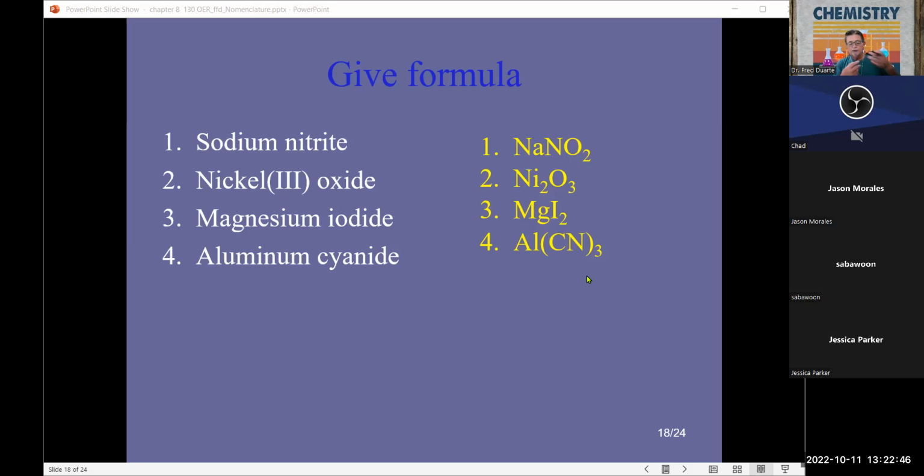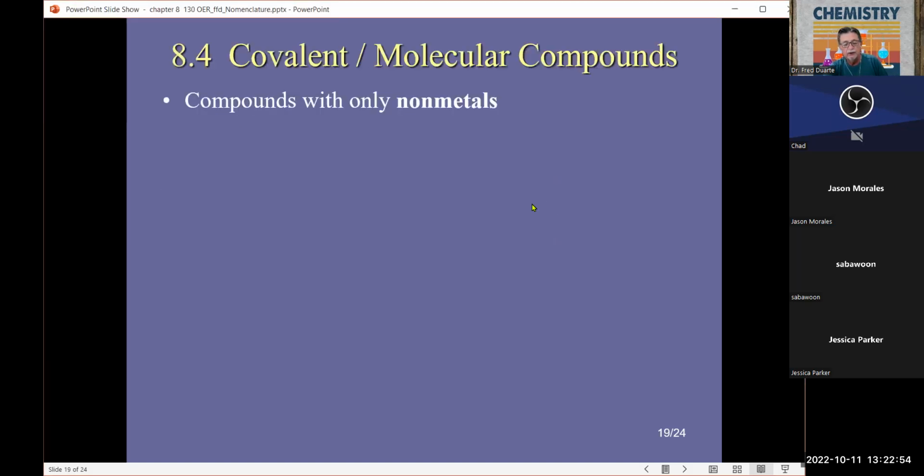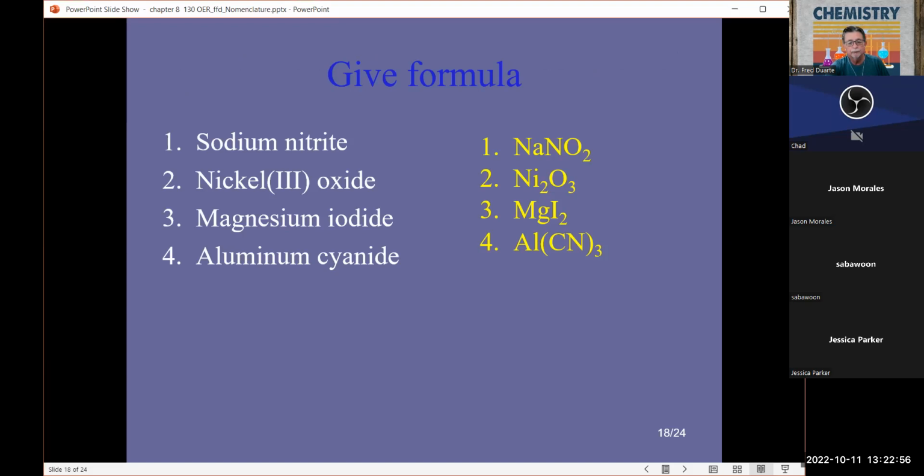With respect to naming them, no prefixes. In the magnesium one we just did, its name is magnesium iodide, not magnesium diiodide. So no prefixes.